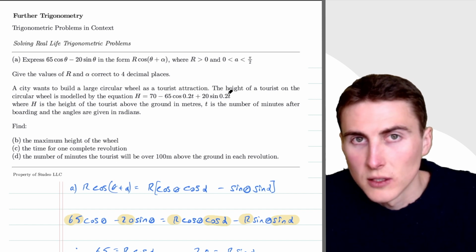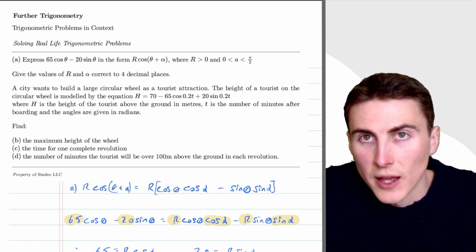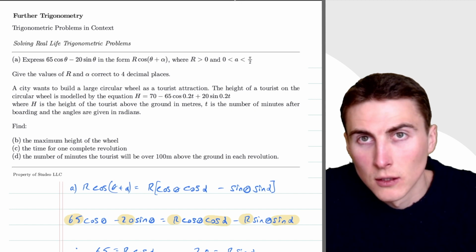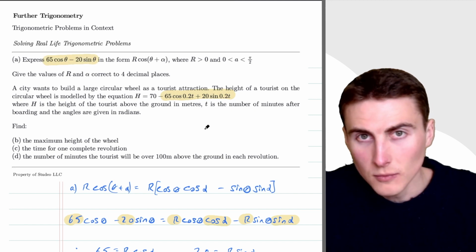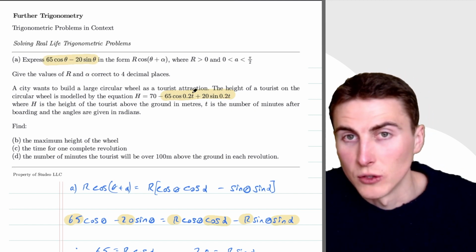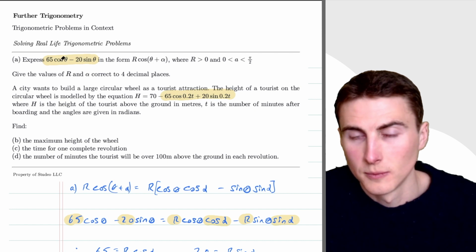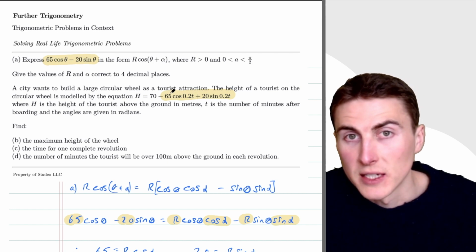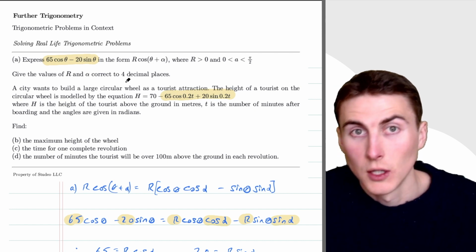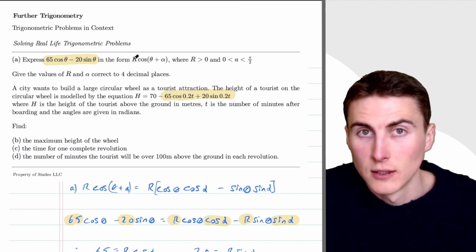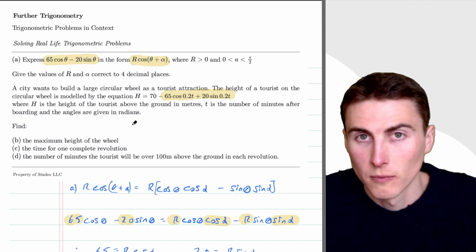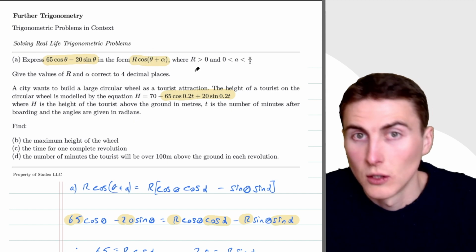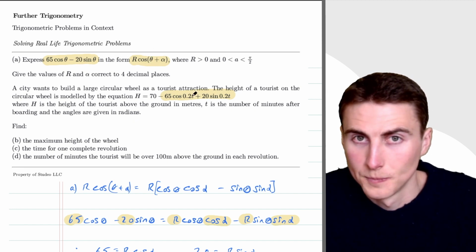As soon as you read this, you want to notice that this bit is basically the same as this bit, except we have 0.2t rather than theta. So instead of writing all of this, we can apply that idea here and write it using what we just found, but rather than writing theta, we'll put 0.2t.